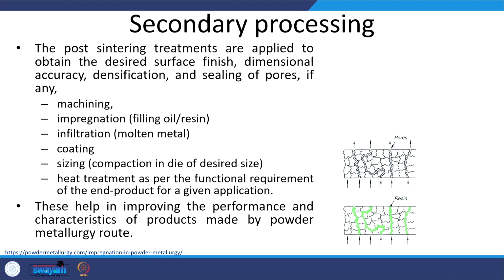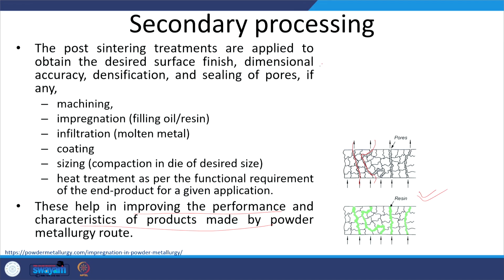These secondary processing steps help in improving the performance and characteristics of the product made through powder metallurgy. For example, if a product has pores, these pores can be filled with suitable resins in the impregnation secondary step.